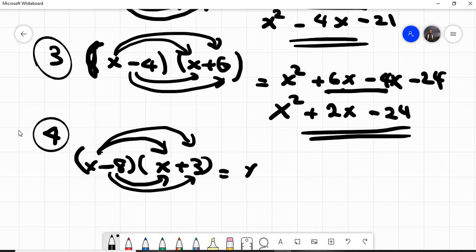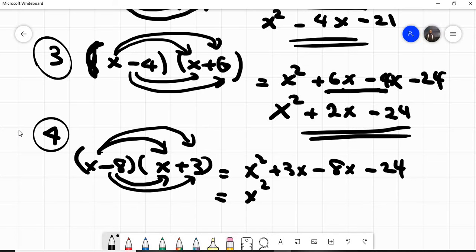The answer is x squared plus 3x minus 8x, because negative 8 times x is negative 8x. Negative 8 times plus 3 is negative 24. These two have opposite signs so we subtract. It's negative 5, because 8 minus 3 is 5, and 8 is bigger, so the sign is negative. So x squared minus 5x minus 24, that's the answer.